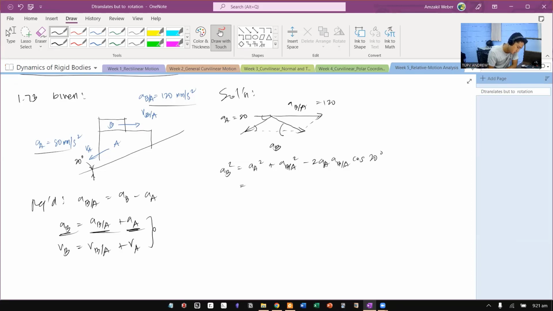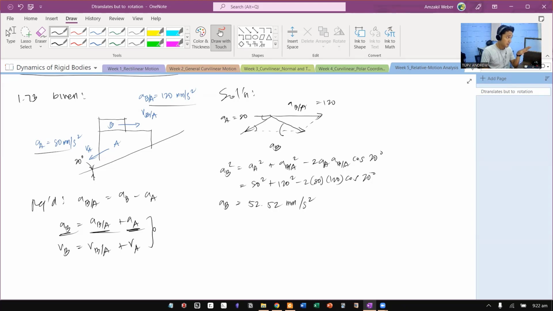AA is 80 squared plus 120 squared minus 2 times 80 times 120 times cosine 20 degrees. So AB is 52.2 mm per second squared.